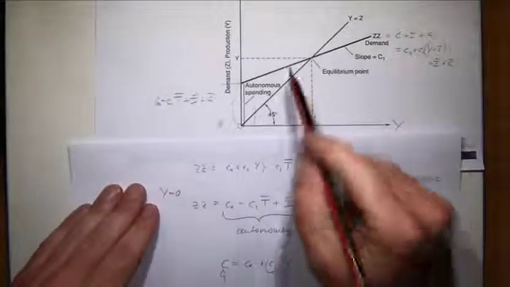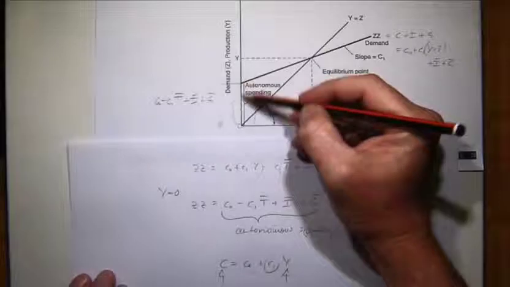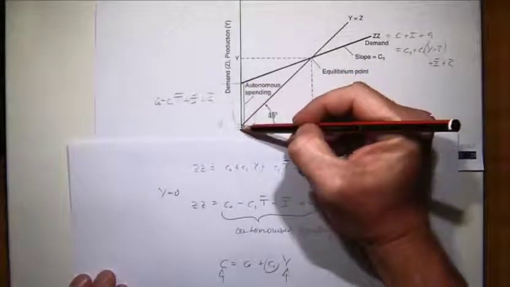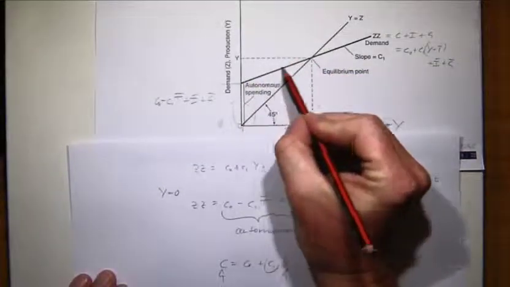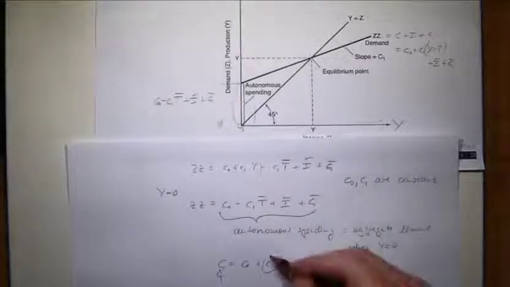So if we have this, what is the effect on the aggregate demand curve here? Well, what we need to know is the absolute value here at 0, and now we want to know what is the slope of this curve. Well, the slope of this curve is simply the marginal propensity to consume.